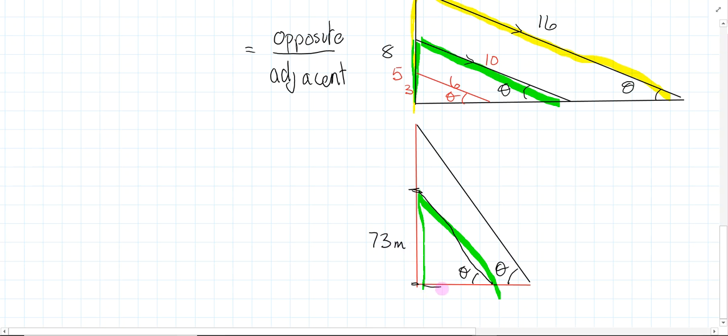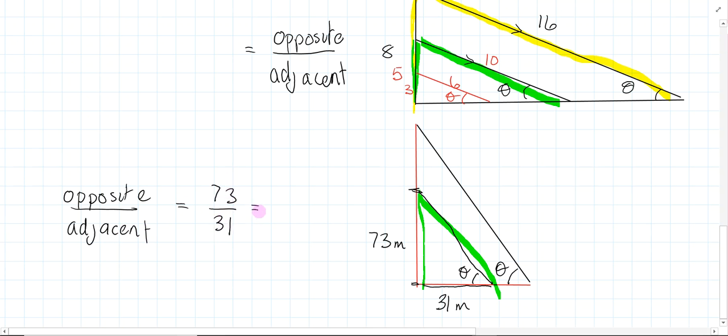And then let's say this length along the roadway is 31 metres. So what two sides have I given you now? So the opposite and the adjacent. And if someone looked at that one, the opposite over the adjacent is 73 divided by 31. And what do I get?